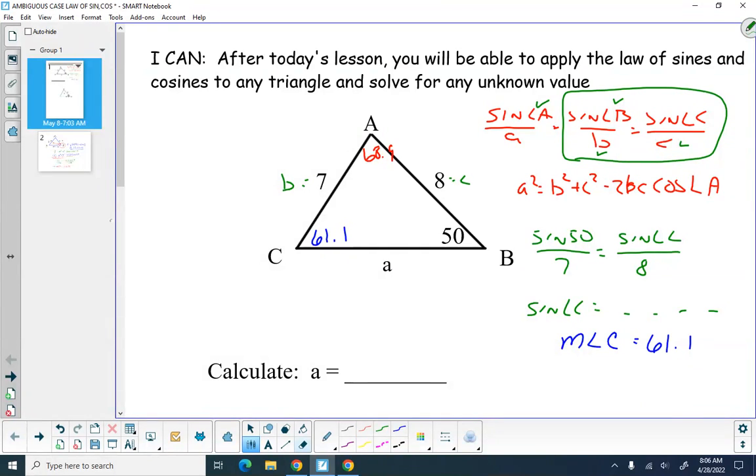So going back to these two ratios, I can solve for little a. I have the sine of angle A over little a is equal to sine of angle B over little b.